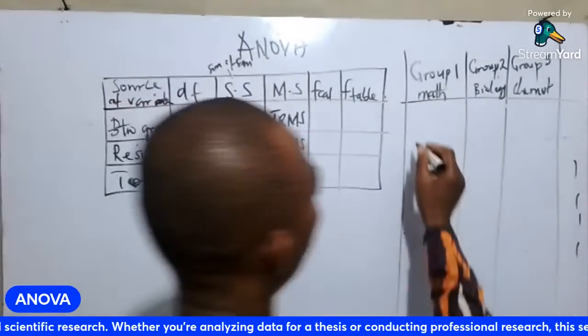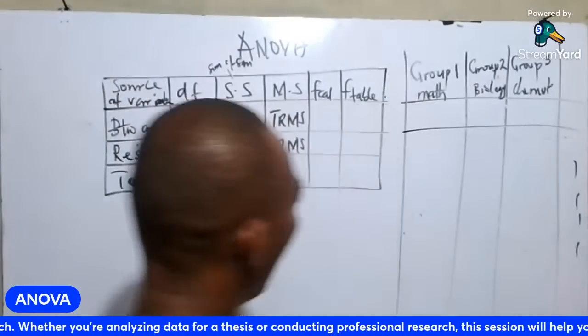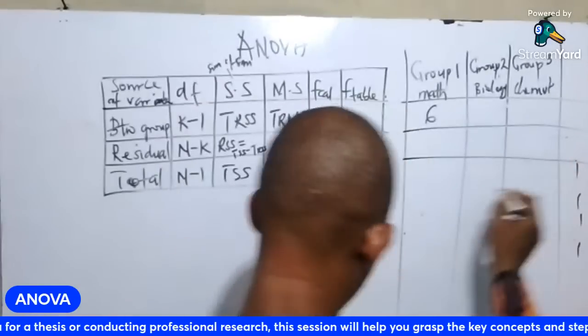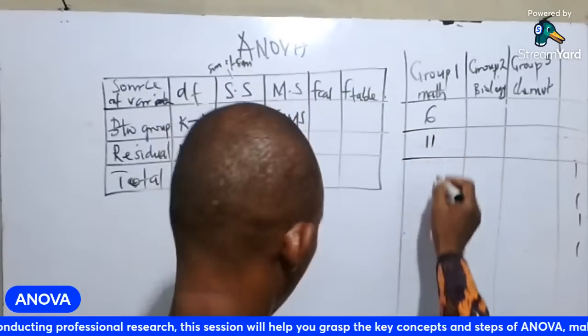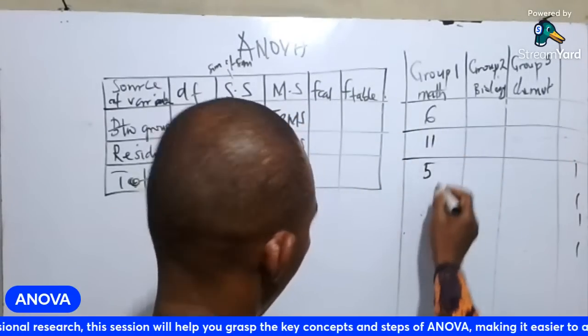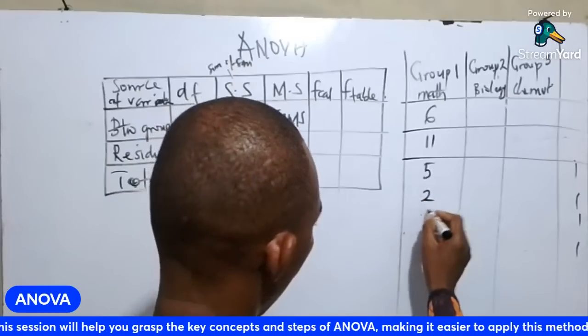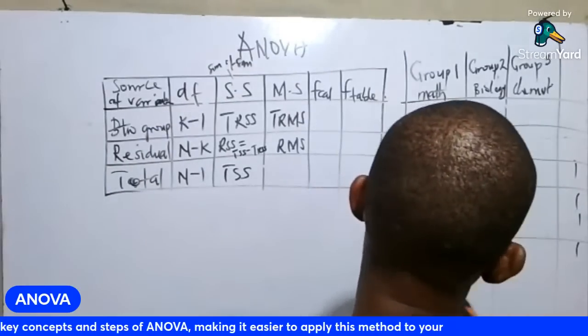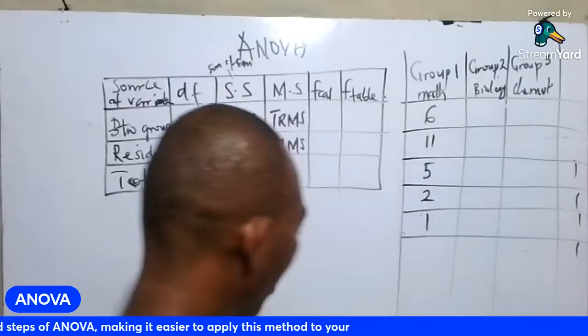So, what are their observed values? We have 6, 11, 5, 2, and 1 for mathematics. I want us to take it one after the other.